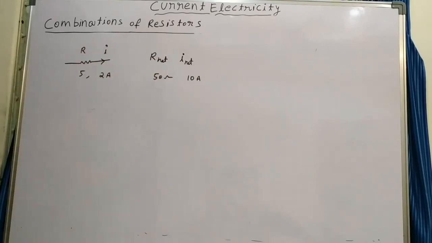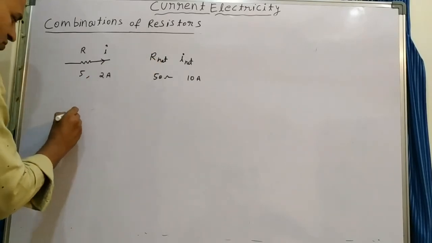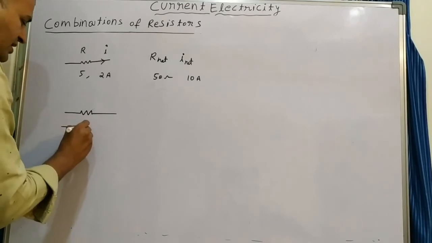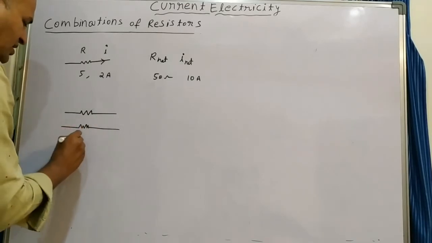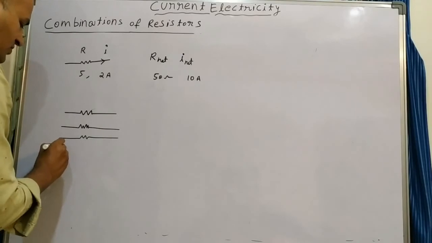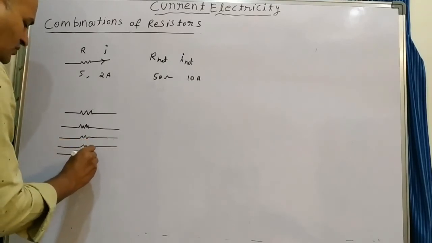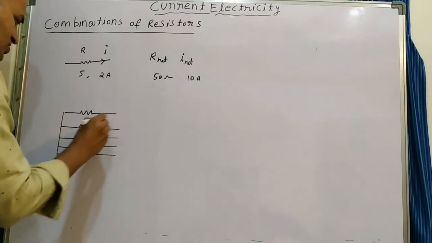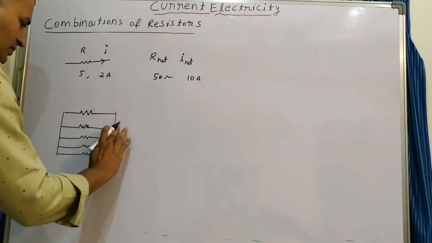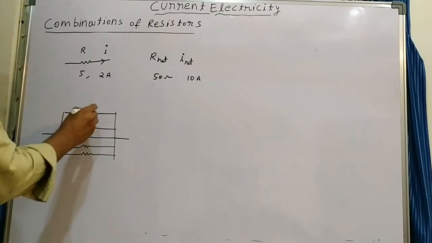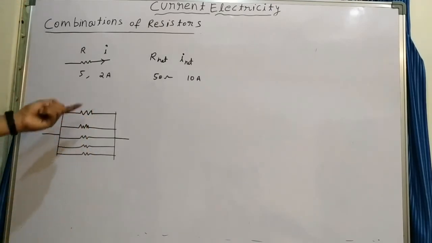So how many of this type of resistors do you have to connect in parallel to get this much current? To increase the strength of the current, you should use a parallel combination. How many do you have to use? 5 resistors you have to connect in parallel, because each can carry 2 amperes, so 5 into 2, we get 10 amperes.